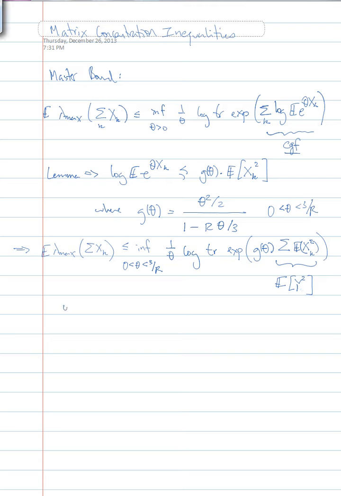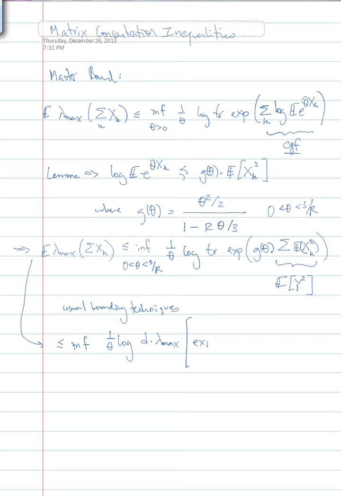So we now use our usual bounding techniques. One of them is to bound the trace by d times the largest eigenvalue. And then we know that we can exchange the lambda max with the exponent. So again, taking this slowly, this is now less than or equal to the infimum over theta in this range, I won't keep writing that, of 1 over theta times the log, and instead of the trace, d times lambda max of what's inside.